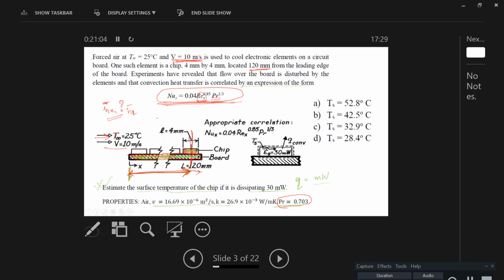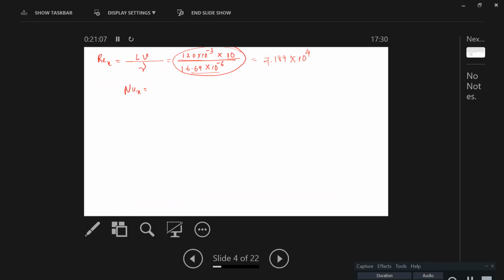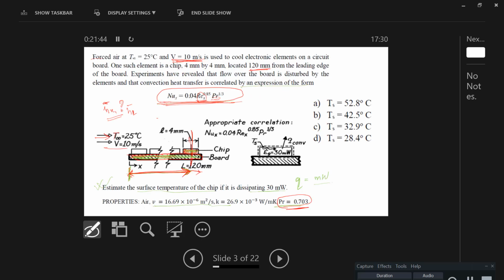Nusselt number was given by 0.04 Re_x to the power 0.85 Prandtl number to the power 1/3. The Prandtl number was given to be 0.703.